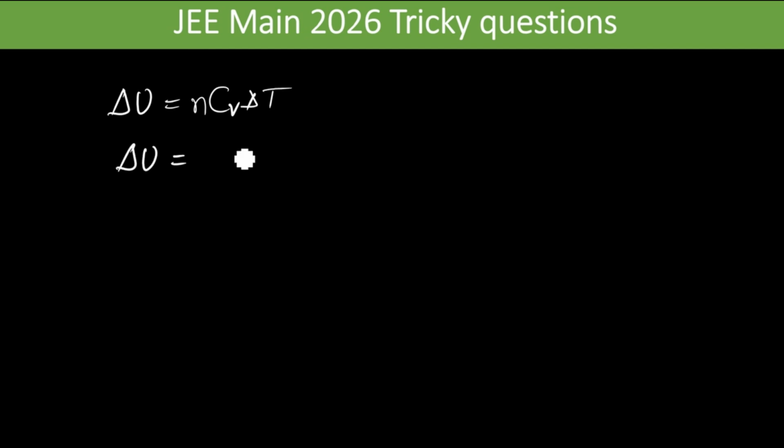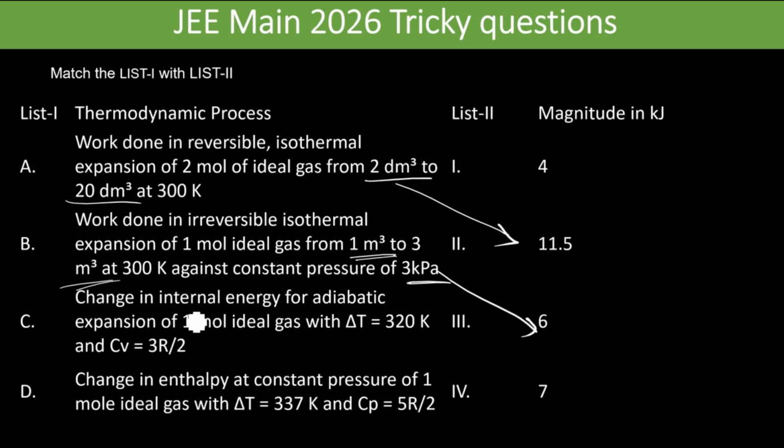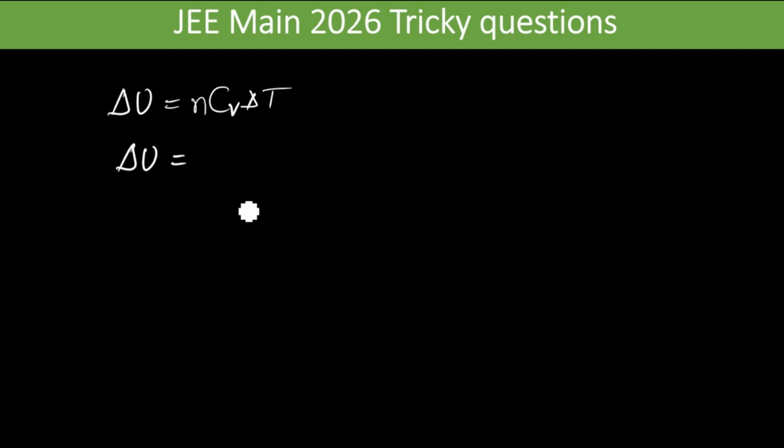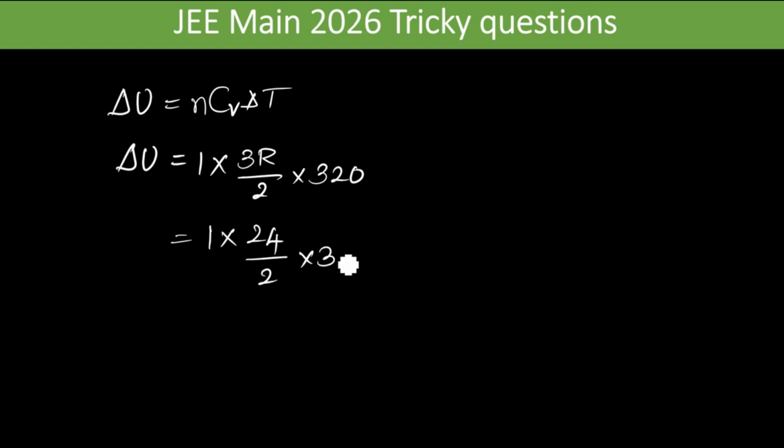Now delta U is equal to 1 mole, and delta T value is 320 and CV is 3R by 2. So 1 mole, 3R by 2, and this is 320. Substitute the R value, let's say that is 8. Okay, so 1 into 3 into 8 is 24 divided by 2 into 320.